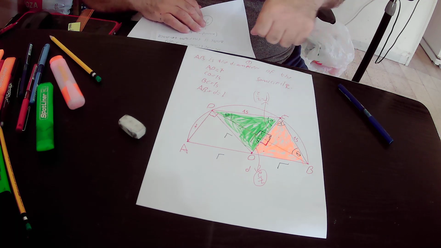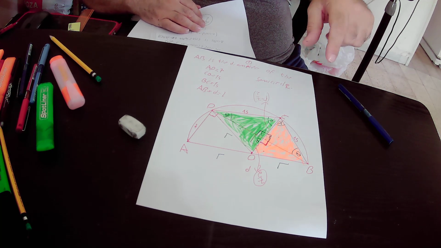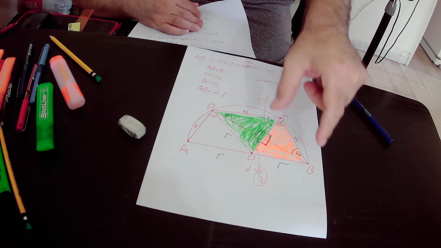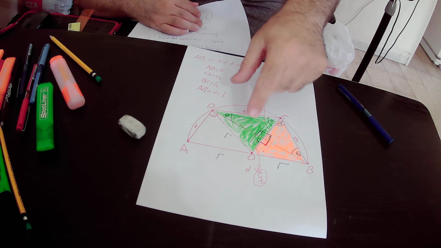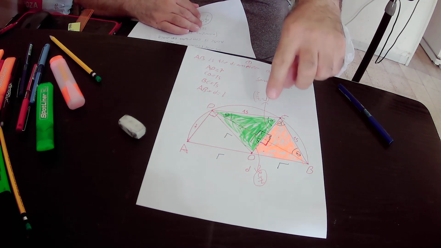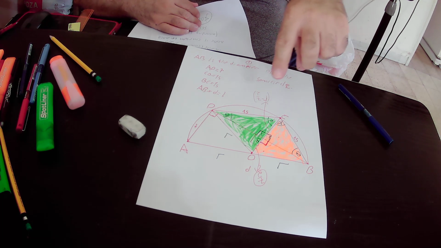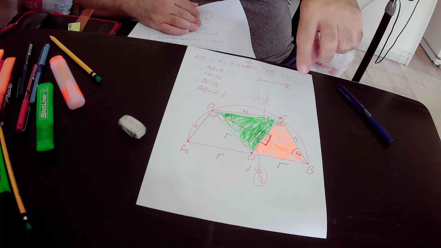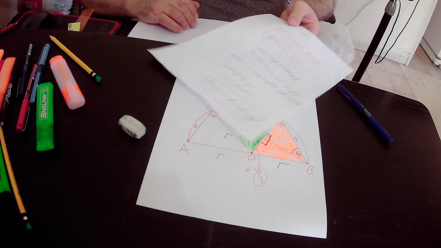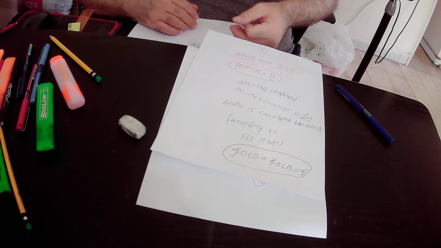Both sides are equal to 15 units, and OD equals OB because OD and OB are the radii of this semicircle, so they are equal to each other. Also OC equals OC, a common side that belongs to both the green triangle and the orange triangle. So we found out that all the sides of the orange triangle are equal to all the sides of the green triangle.